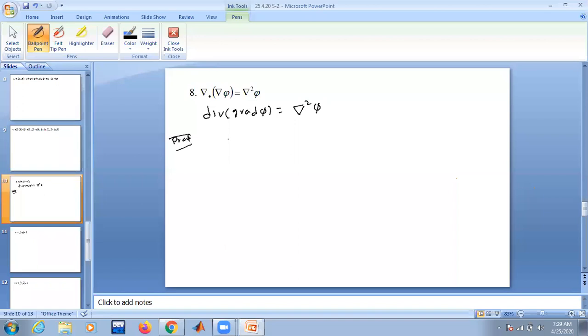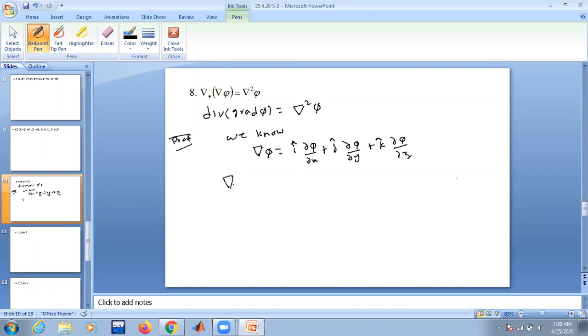What is del phi? Del phi is equal to i ∂phi/∂x plus j ∂phi/∂y plus k ∂phi/∂z. So del phi is a vector. To del phi I want to apply now divergence.